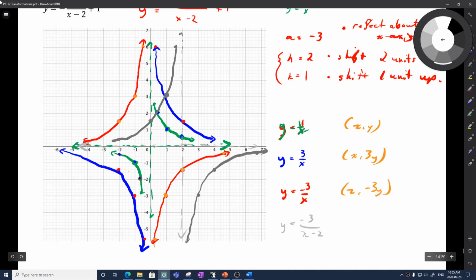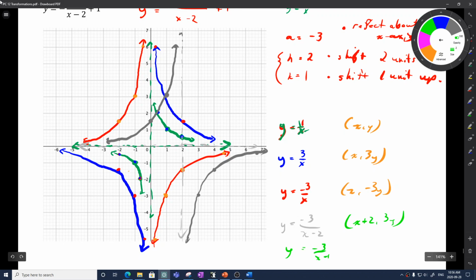I'm hoping this looks nicer on your paper than mine. Last but not least, I'm going to change my color to lime green, and by the way, that took point (x + 2, 3y), and now I'm just going to shift it 1 unit up.